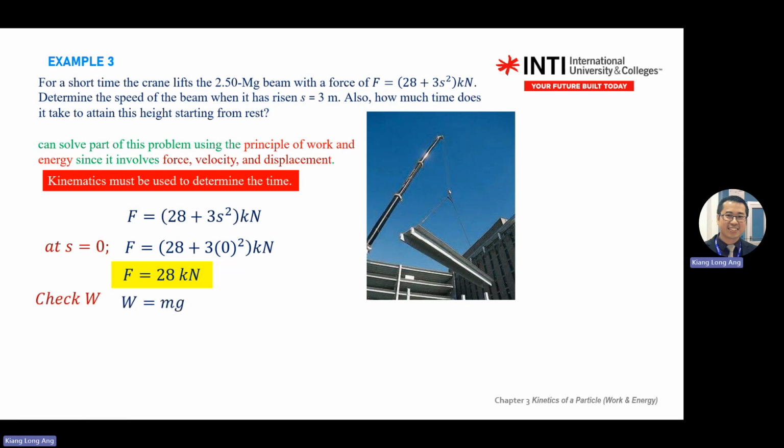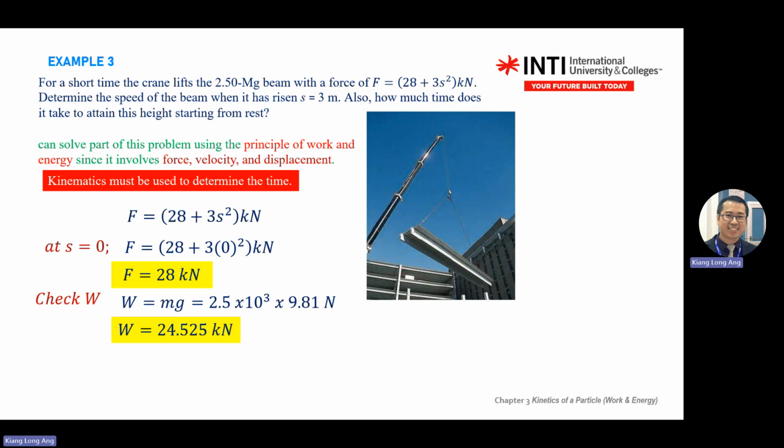Then you check your weight, right? The weight is mg. So m is 2.5 megagram, so it's 2.5 times 10 power 3 kilogram, times 9.81. You get 24 point something. So the force at ground is more than the weight pulling down, there's a lifting force.